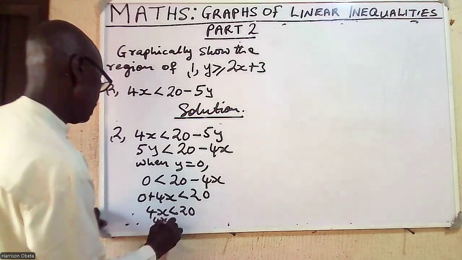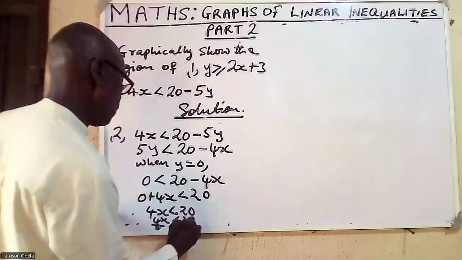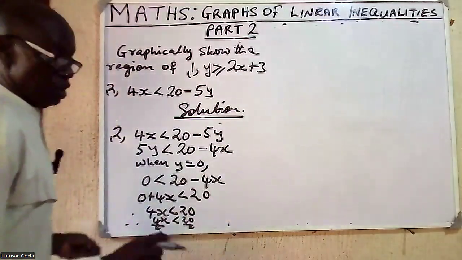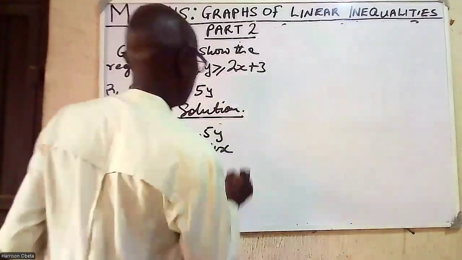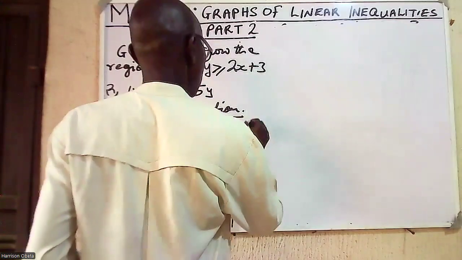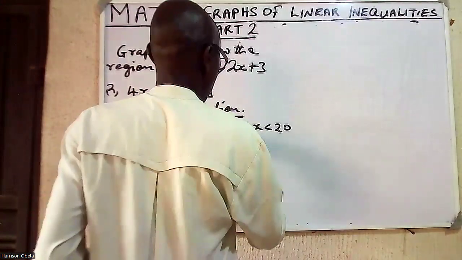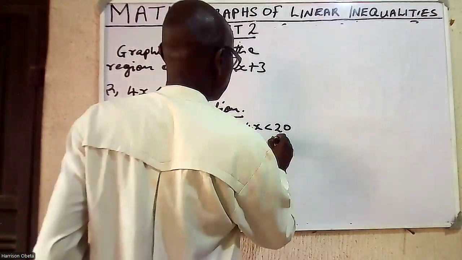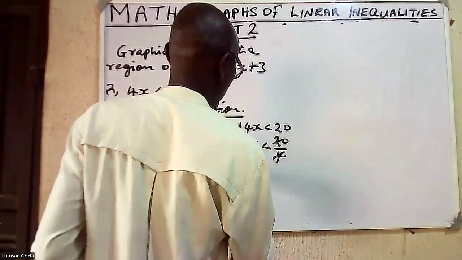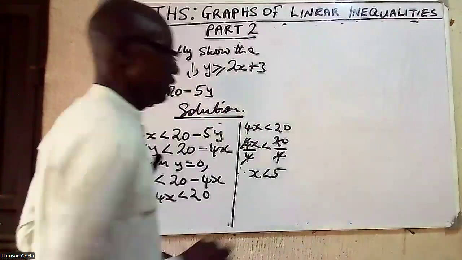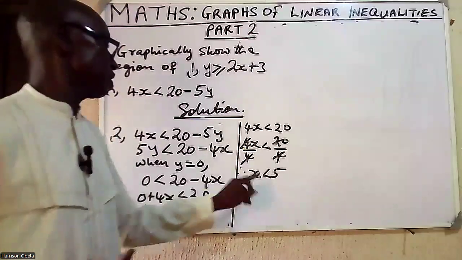Therefore, 4x over 4 is less than 20 over 4. We divide. Therefore, x is less than 5. We have succeeded in getting the particular point where the line will cross the x-axis.